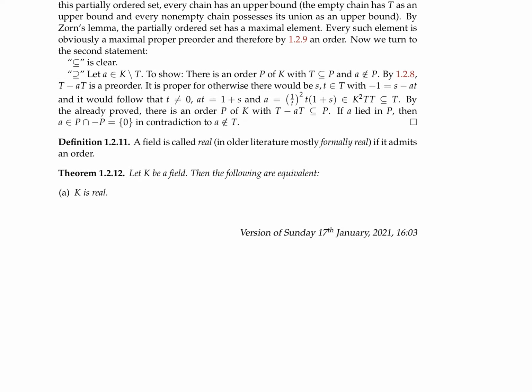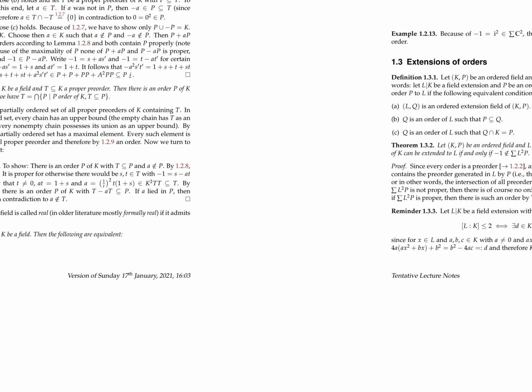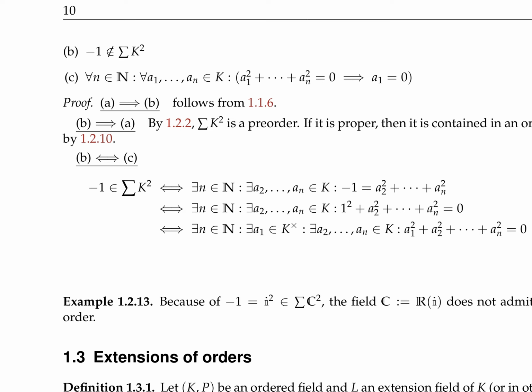So if K is a field, the following are equivalent. K is real. -1 is not the sum of squares in K. And this condition which we have just now taken as a definition for a real commutative ring.